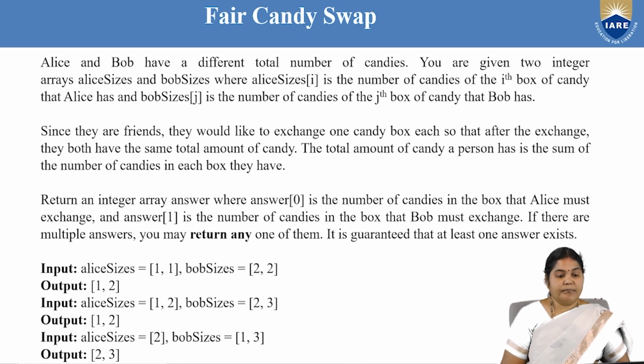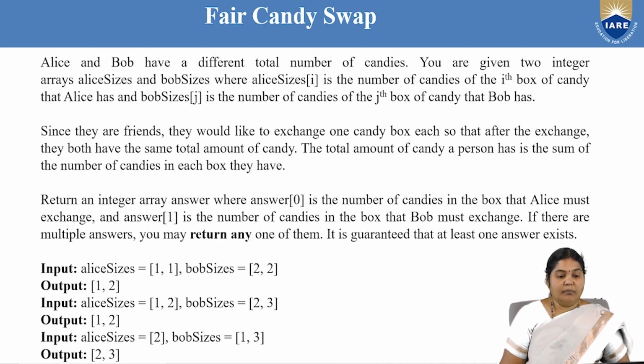Okay. Now, since they are friends, they would like to exchange one candy box each so that after the exchange, they both have the same total amount of candies. The total amount of candy a person has is the sum of the number of candies in each box they have.